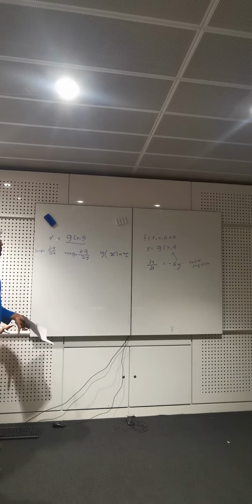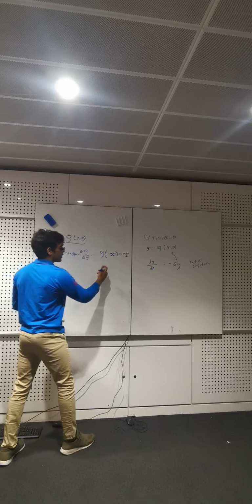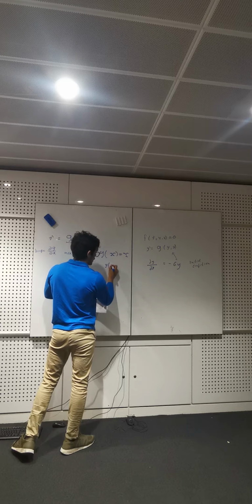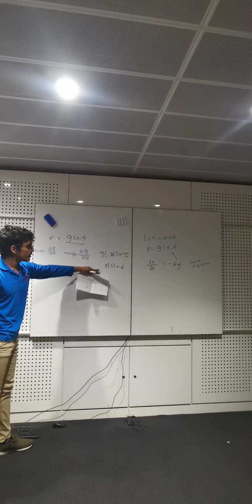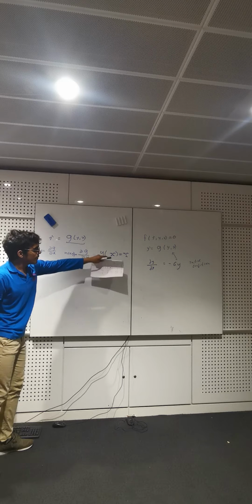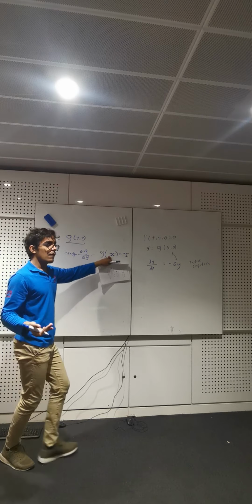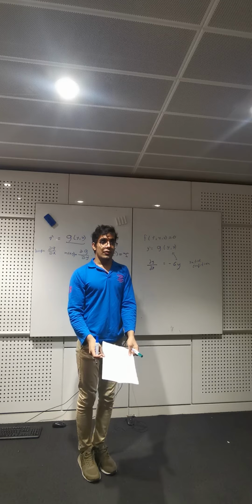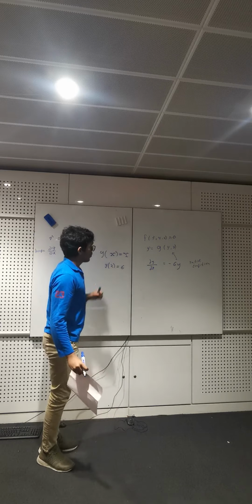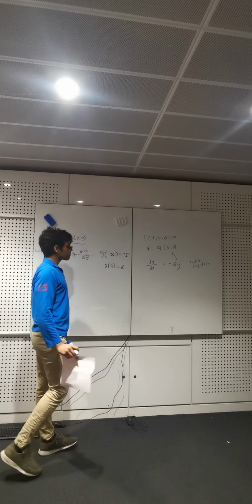For example, if you know that y at 3 is equal to 6. The physical problem gives you some value of x, and at this point the value of the function is equal to capital Y. So for example, y of 3 is equal to 6.